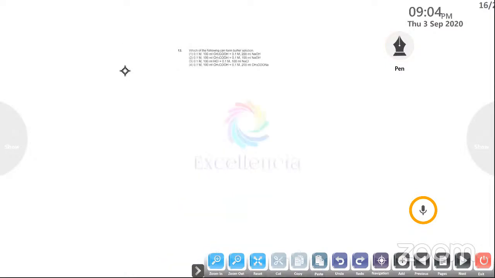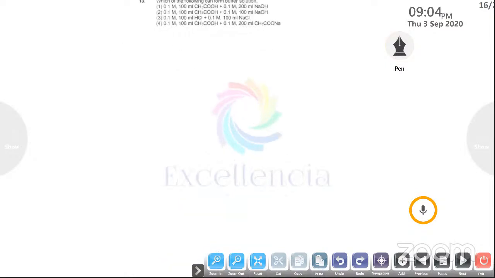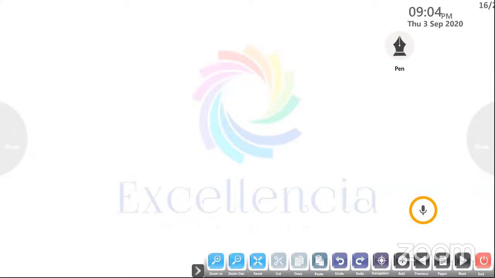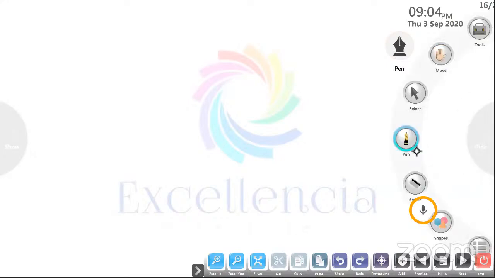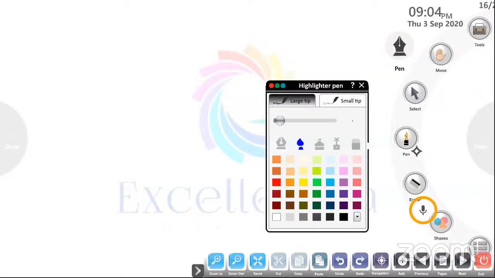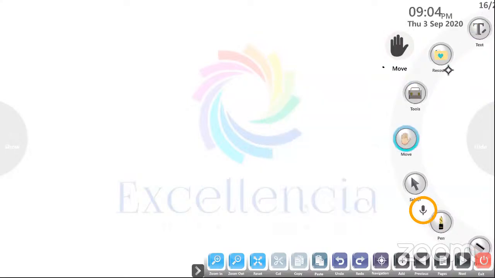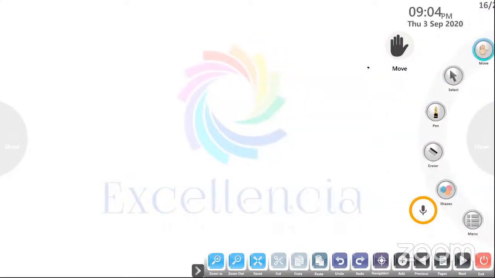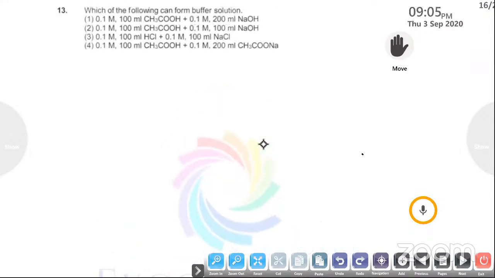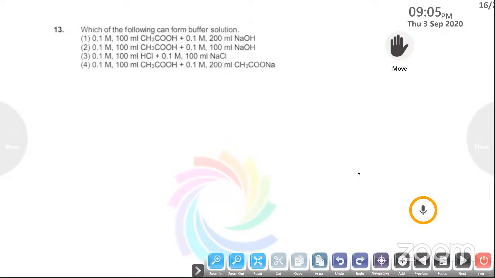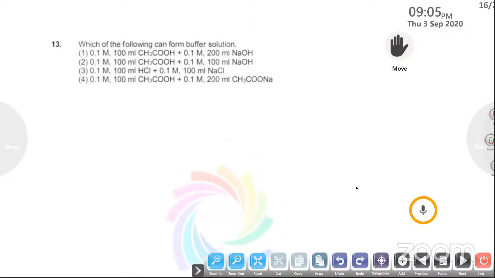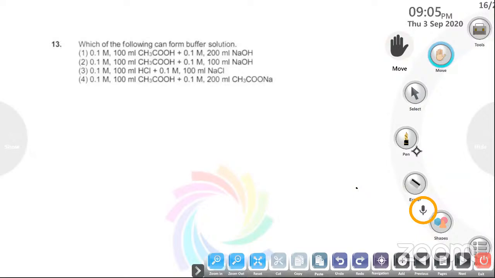And next question. It is about an acidic buffer. It is asking which of the following can form a buffer.